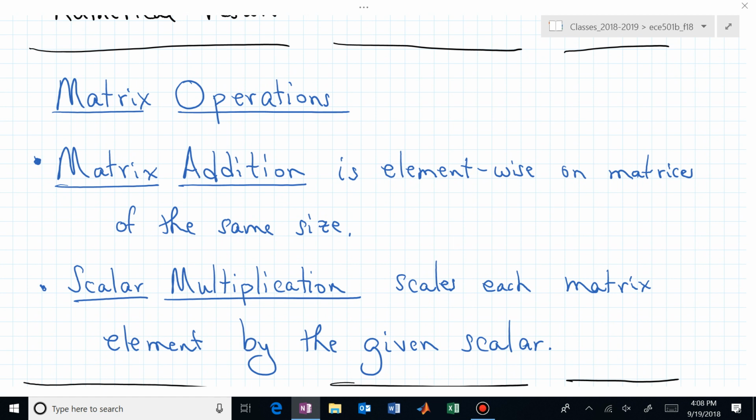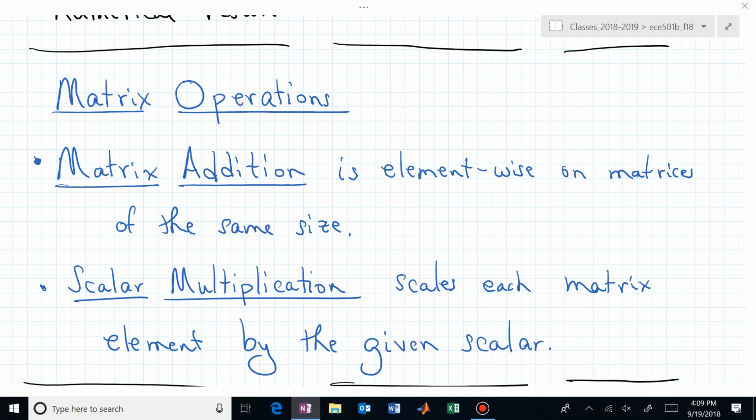I said we were going to breeze through. I guess I should have said we're going to scroll through these matrix operations. This shouldn't be at all a surprise. Matrix addition is just element-wise, but you obviously need your matrices to be compatible in dimension. You can't add a 2x3 matrix to a 6x6 matrix as a very extreme illustration.